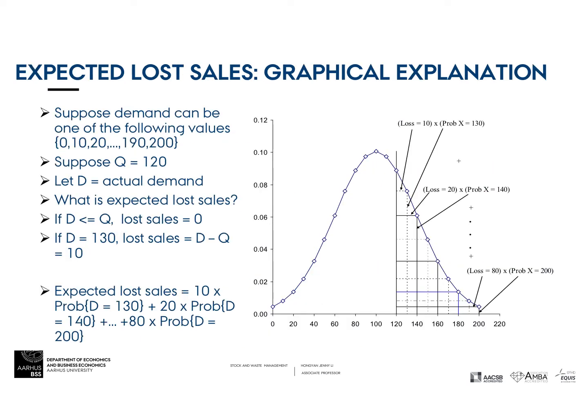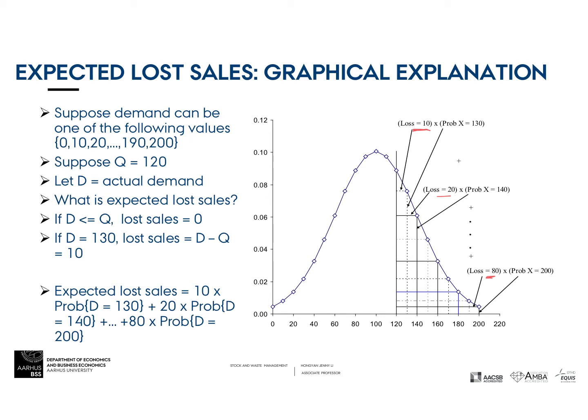This slide talks about how to calculate expected lost sales. The process is rather complicated. If you can enumerate all the possible demand scenarios, then you can calculate individual lost sales values for different order quantities.